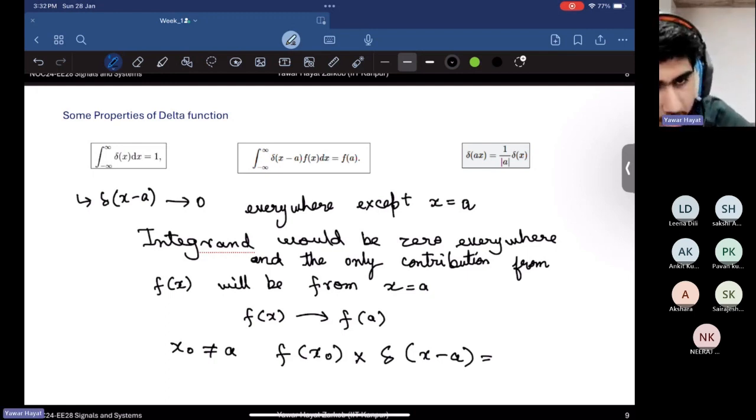If x naught is not equal to a, then f of x naught times delta of x minus a would be? Can you write it in the chat?